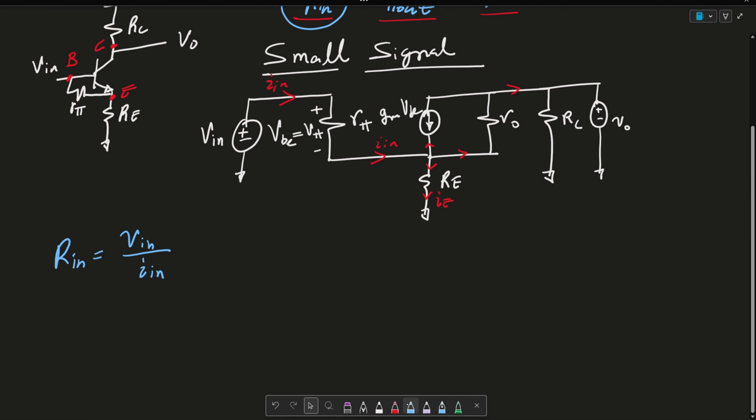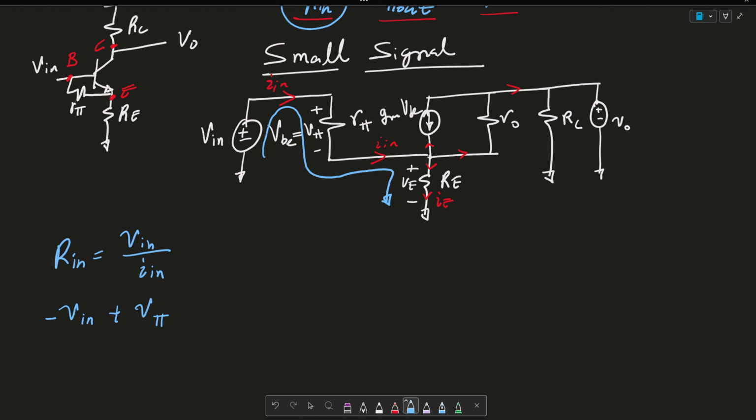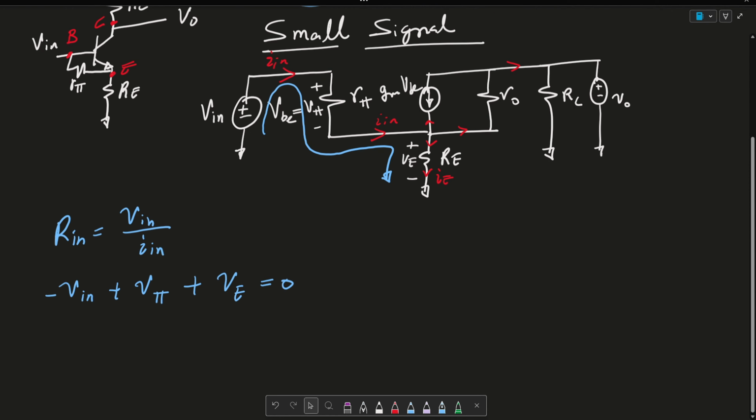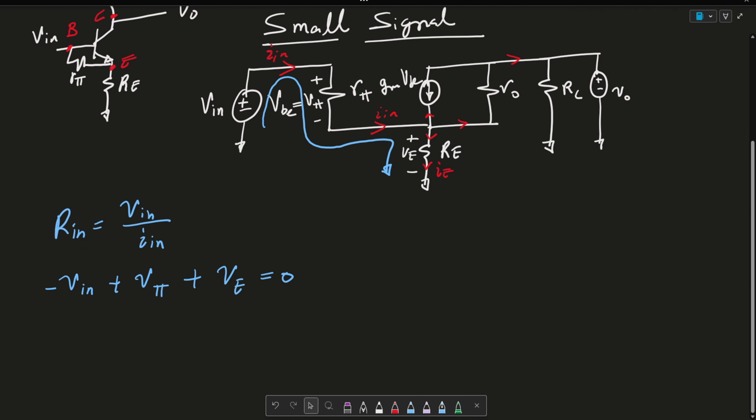The first thing we can do is write a KVL right here, where we can consider that the voltage drop across Re is Ve. So we could say that this is minus Vn plus V pi, which is just VBE, plus VE is equal to 0. Again, V pi is equal to VBE.